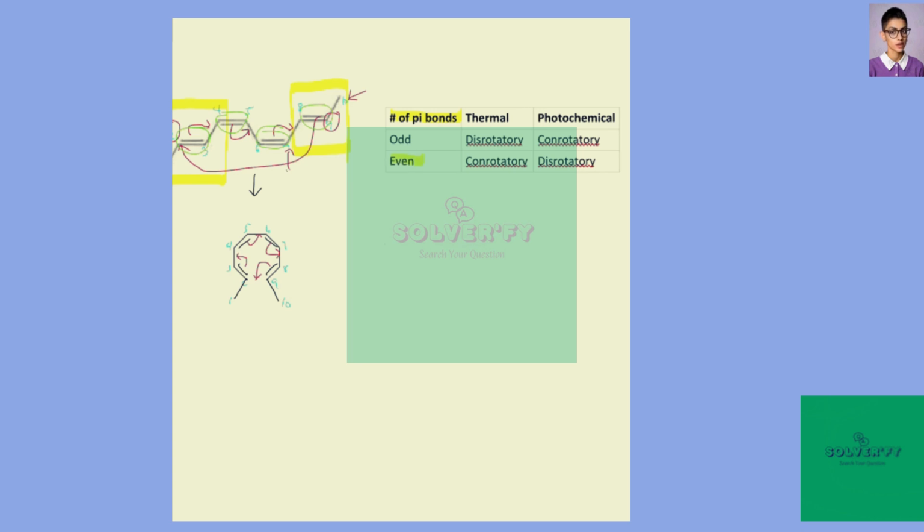And the question stem also tells us these structures are going to undergo a thermal electrocyclic reaction. Thermal. So that's the only part of the table we're concerned about. And since we have an even number of pi bonds, that means our methyl groups are going to go in a conrotatory motion, if you will.